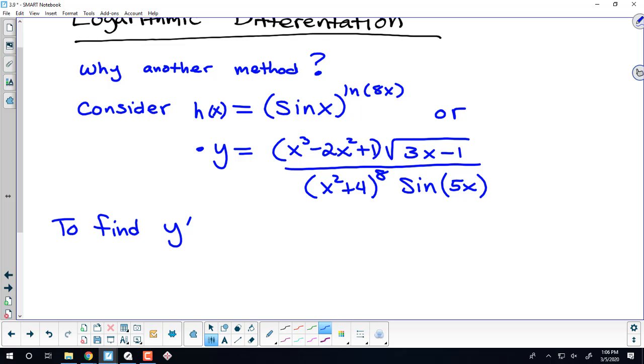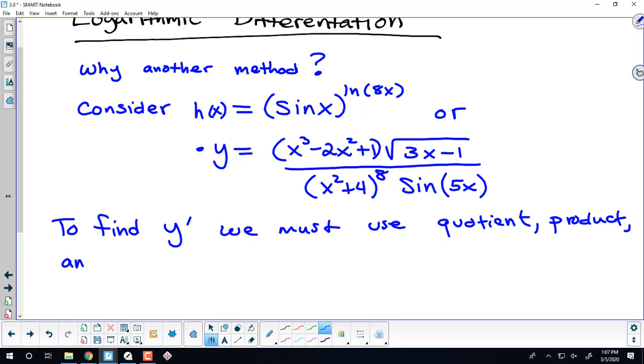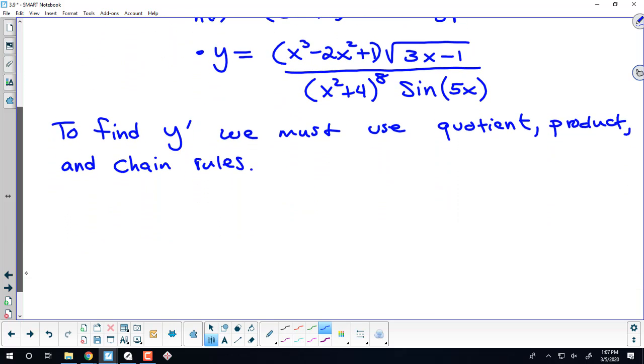In order to find y prime, we must use quotient, product, and chain rules. So that's a lot of work.